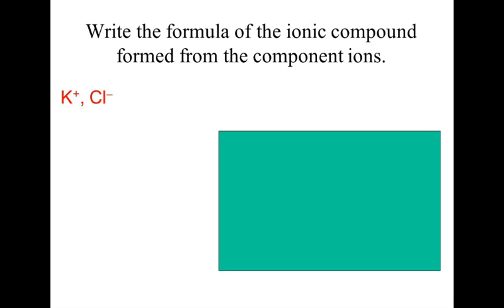If this is a plus 1, and this is a minus 1, the number of potassiums you need is the number on the charge of the chlorine, and the number of chlorines that you need is the number on the charge of the cation. So that's why we would write this as K1 Cl1.